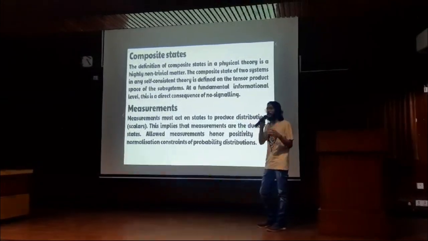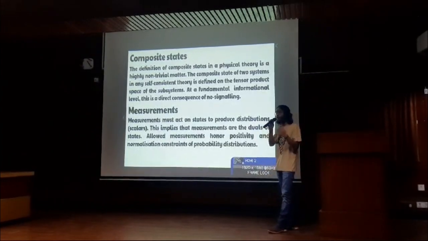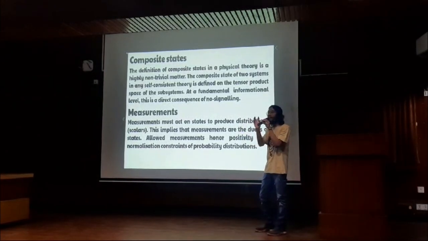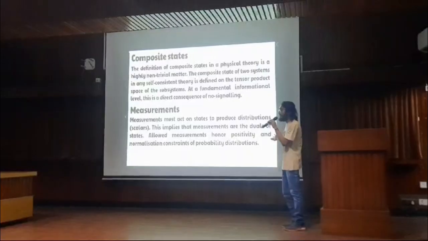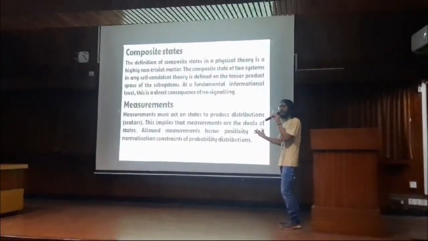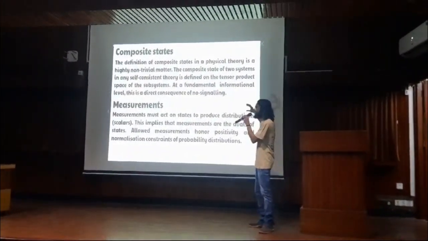So in general, the result of an experiment is a probability distribution, and what you want is, in your theory, any valid measurement, if it interacts, and using these conditions, actually, you can define the set of measurements in any physical theory once you define the set of states.